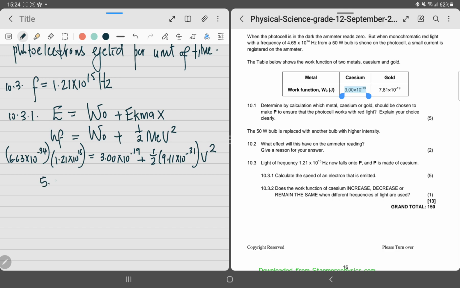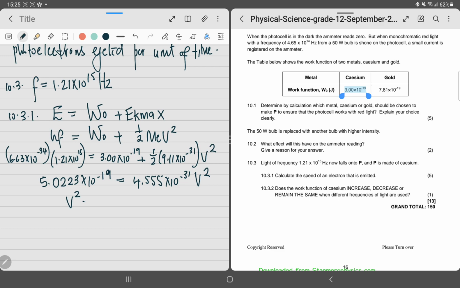So I'm getting 5.022223 for the left side. Then I'm going to divide both sides by 4.555 times 10 negative 31.